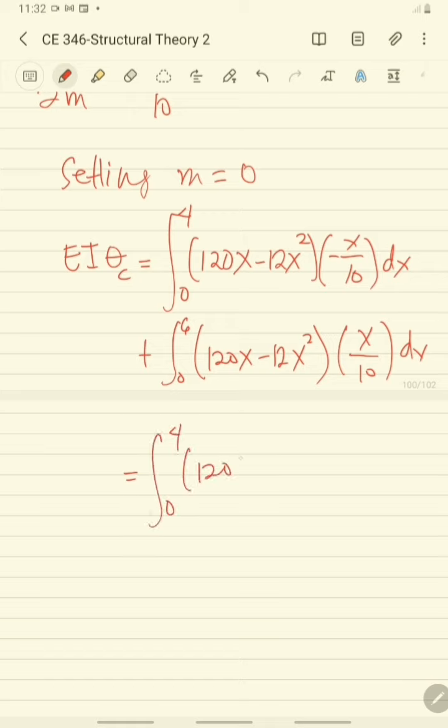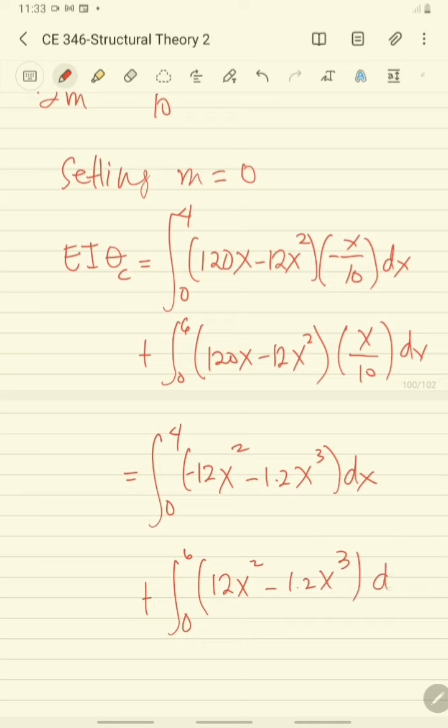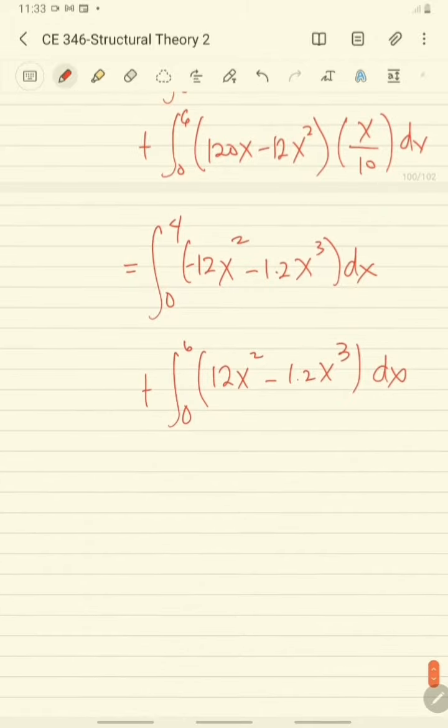Okay, negative 120, that is already divided by 10. So that is negative 12x squared minus 1.2x cubed dx, plus the integral from 0 to 6 of 12x squared minus 1.2x cubed dx. So this is in the form of the integral of u to the n du.